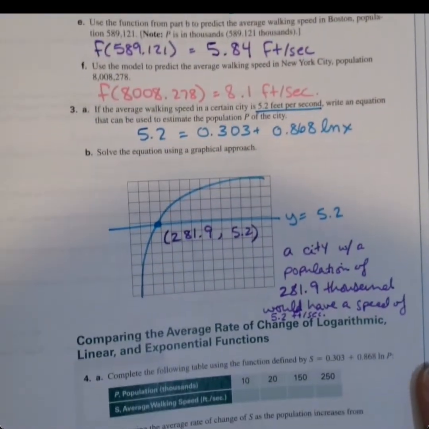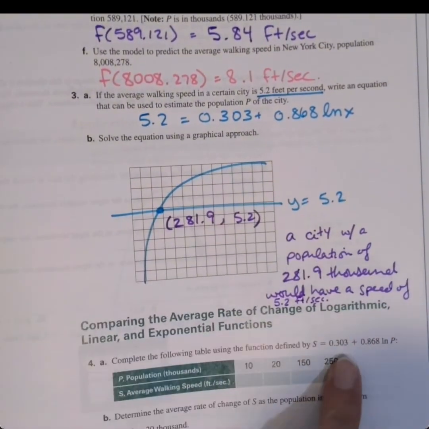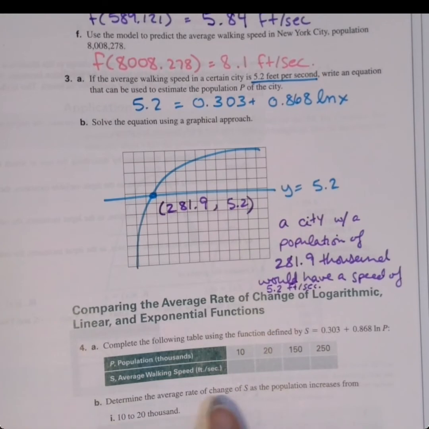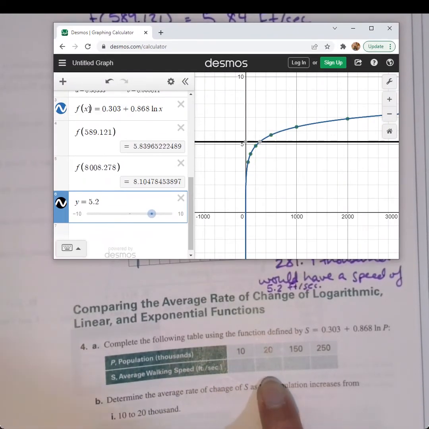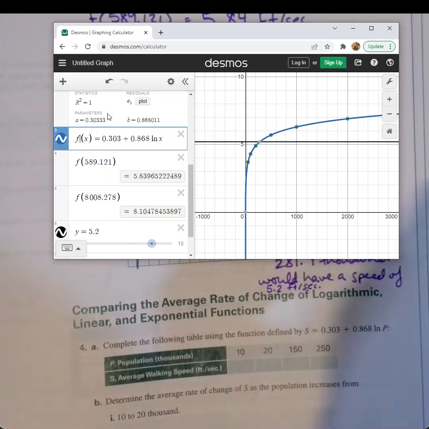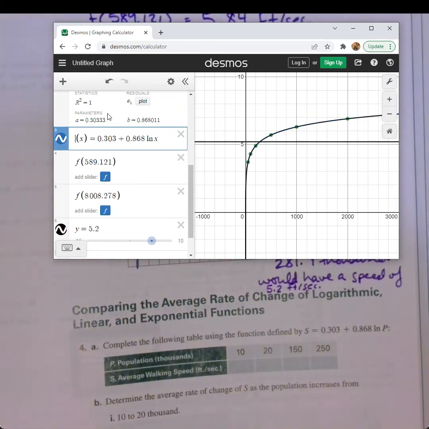So I'm going to fill in a table for the same function. Note that this is the function I used before. They changed the names on me, so I guess I can change mine to match. They called it S of, and they want this called P. Same function though.